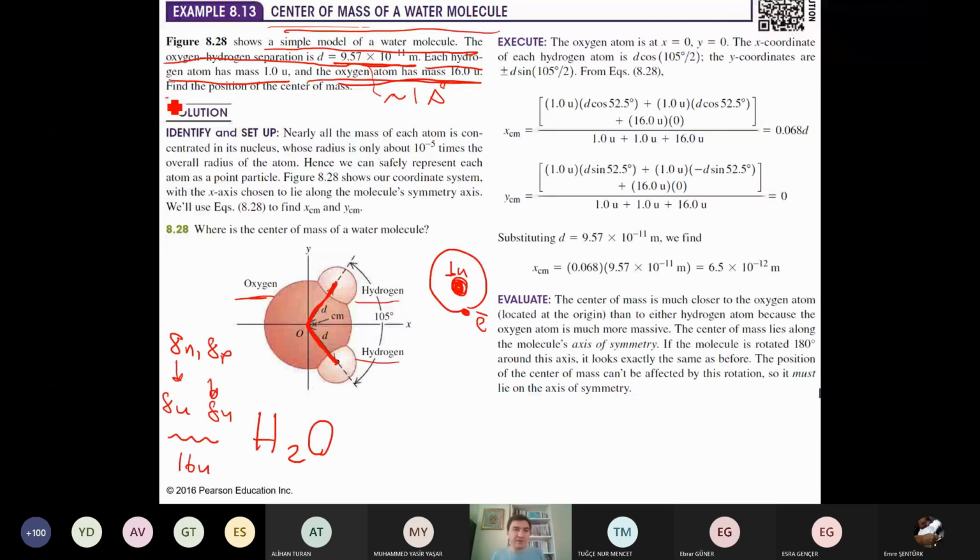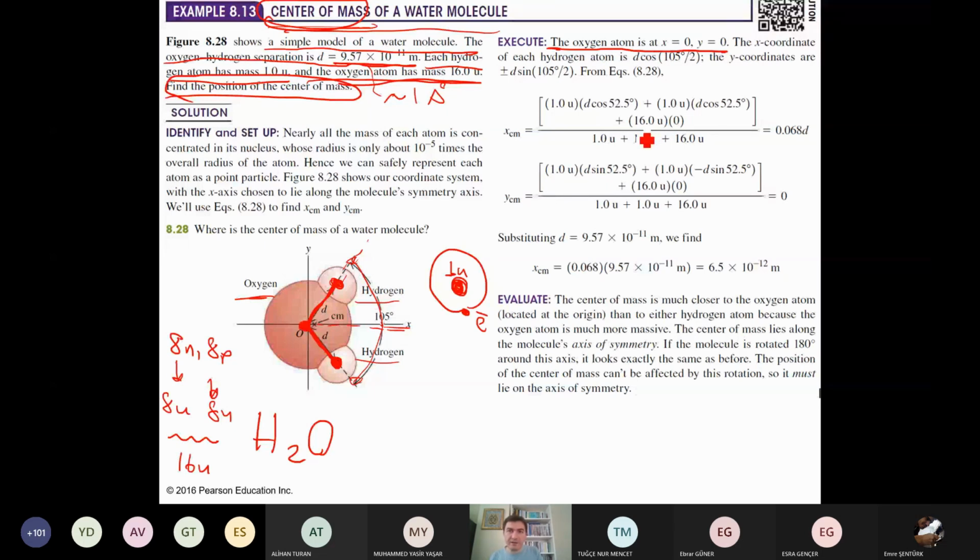Find the position of the center of mass. So this is the center of mass of the hydrogen atom, this is the center of mass of the other hydrogen atom, and this is the center of mass of the oxygen atom. What about the center of mass of this system? Here we have an angle between the axes of the 2 hydrogen atoms. The oxygen atom is at x equals 0, y equals 0. I choose the position of the oxygen at x is 0, y is 0.